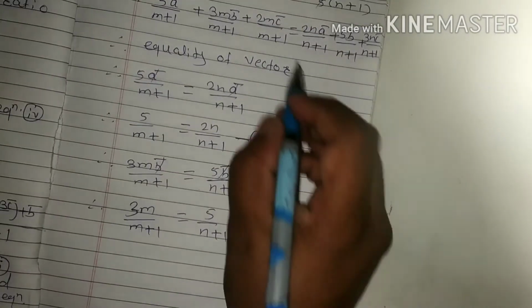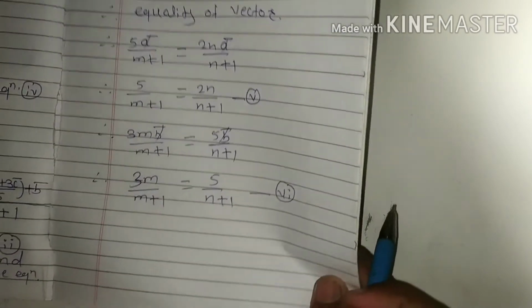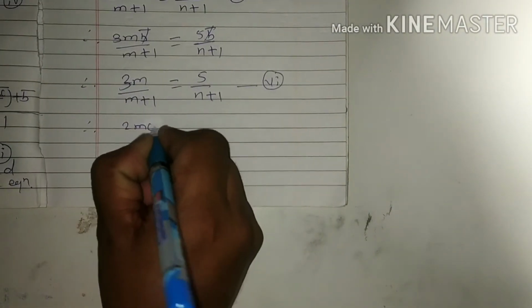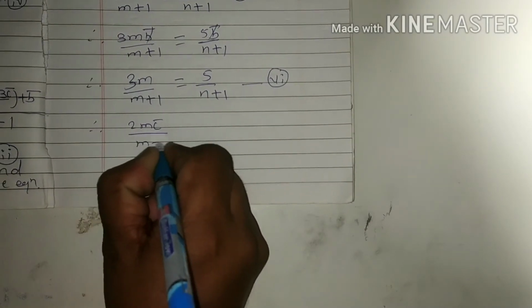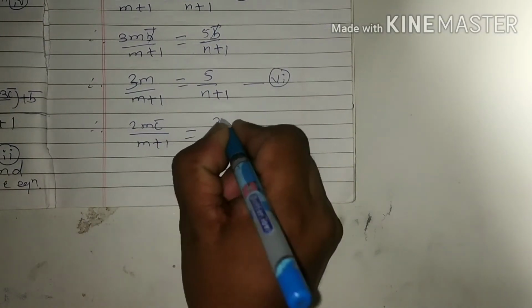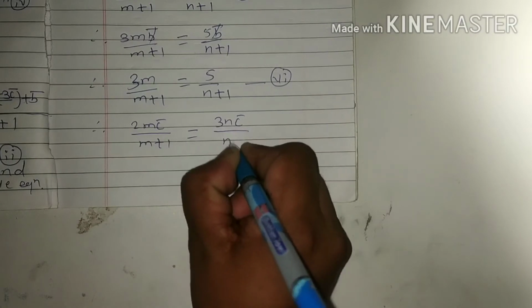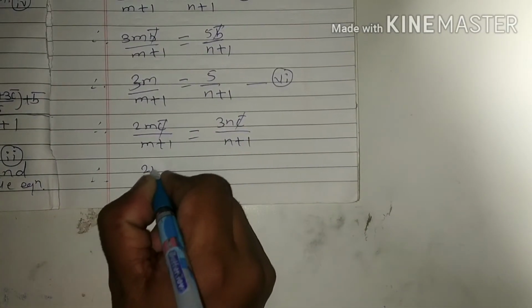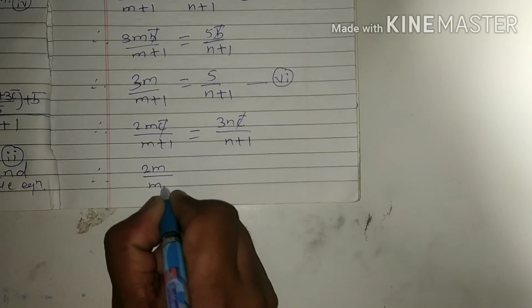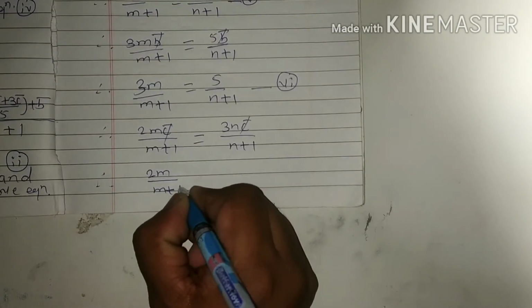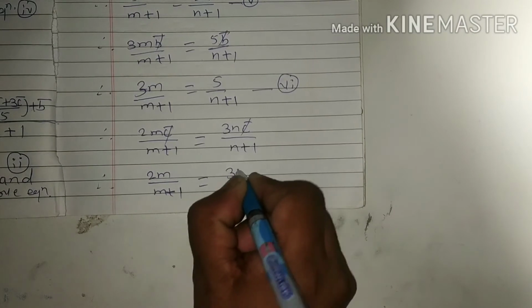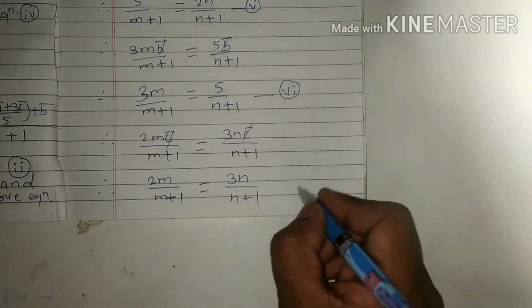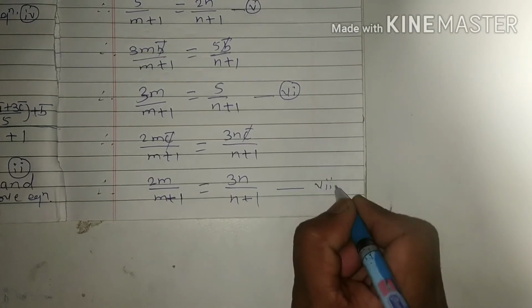And last term: 2m C bar divided by m plus 1 is equal to 3n C bar divided by n plus 1. C bar gets cancelled and we get equation 2m divided by m plus 1 is equal to 3n divided by n plus 1. We will give equation number 7.